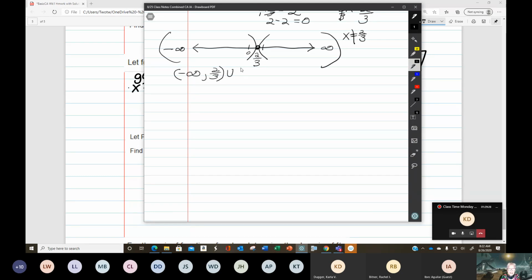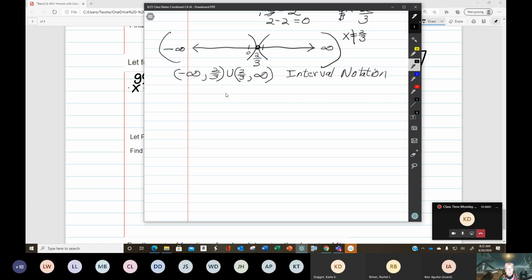And then you start again on the other side of 2/3, going all the way to infinity. That is the domain in interval notation, because we had to pull the 2/3 itself out.